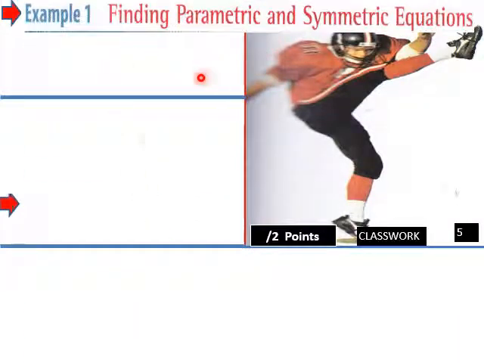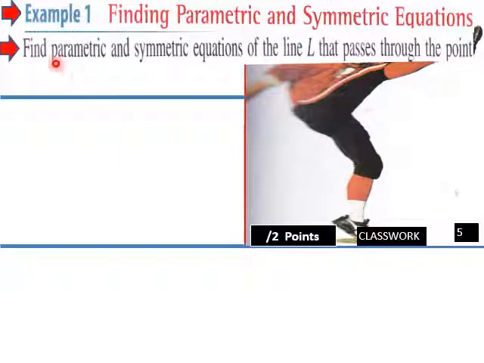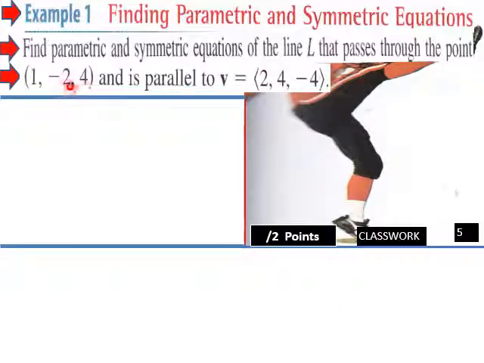Finding parametric and symmetric equations. Find parametric and symmetric equations of the line L that passes through the point 1, negative 2, 4, and is parallel to V, which is 2, 4, and negative 4.